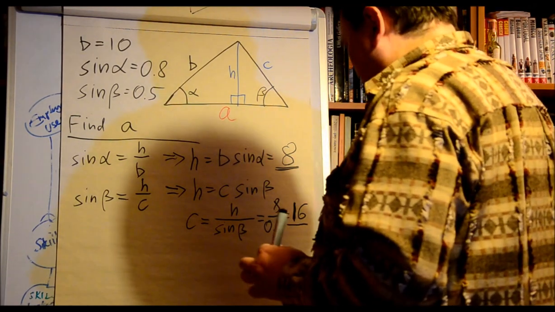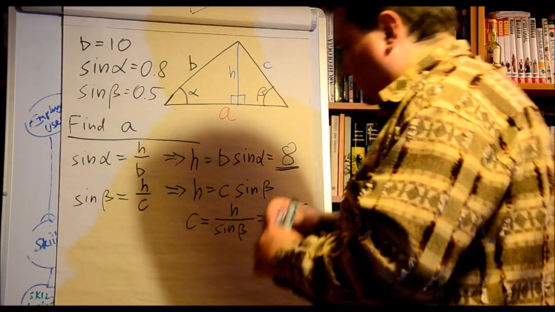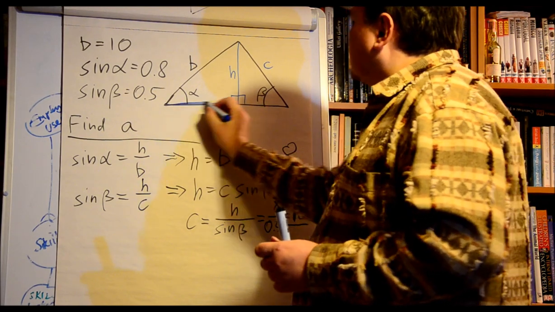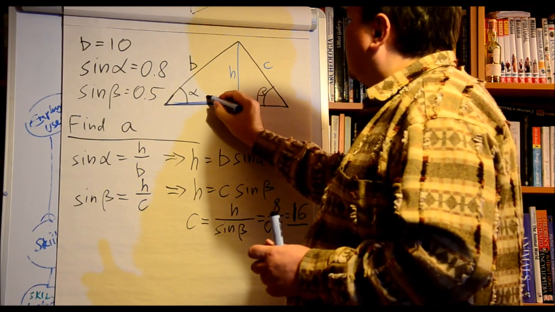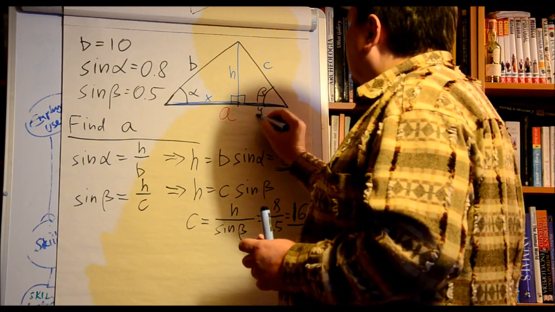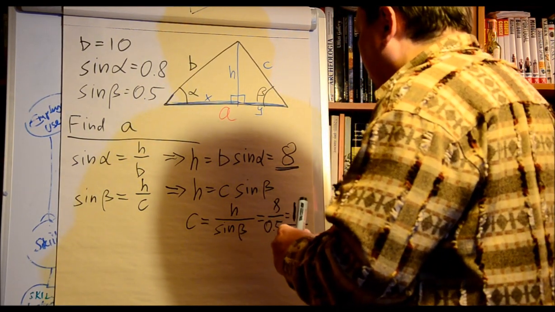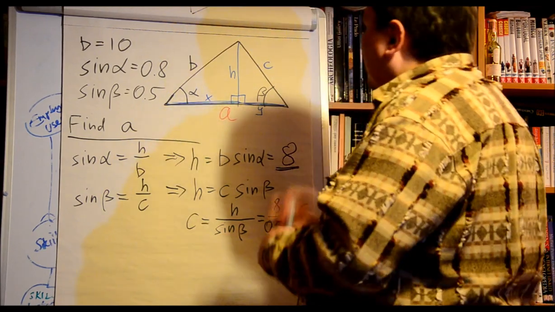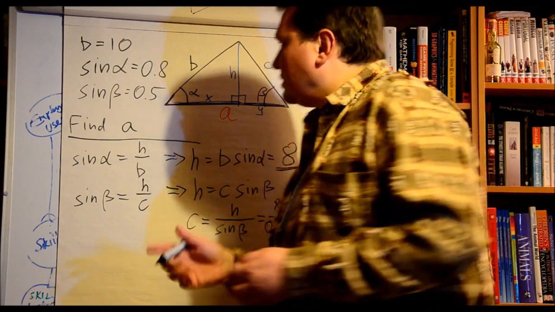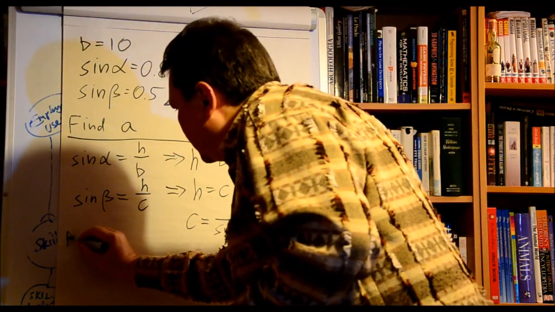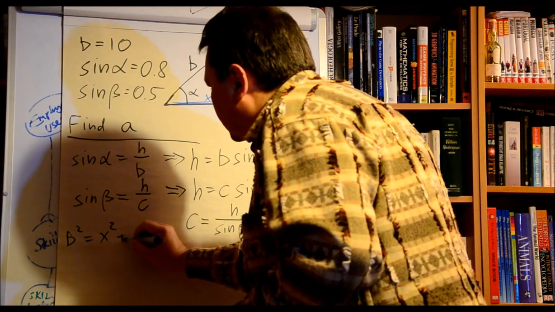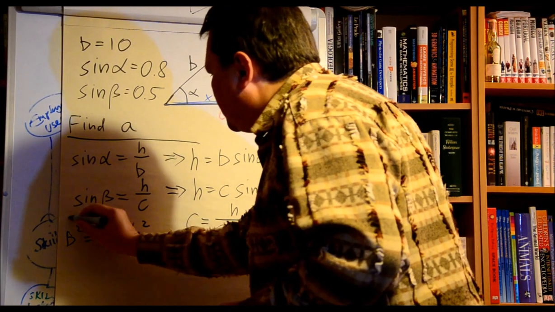Now, looking at this triangle, I could say that this part here will be called x, and this part here will be called y. From the first triangle, using Pythagoras, I get b square equals x square plus h square. Okay?